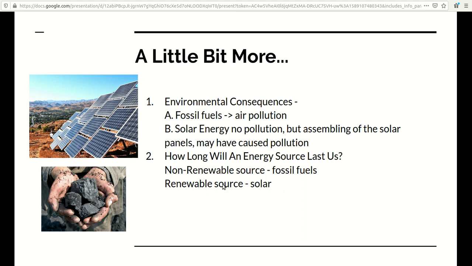The sun is never going to go away, not for another billions of years. So solar energy is a renewable source of energy, whereas fossil fuels are a non-renewable source of energy.